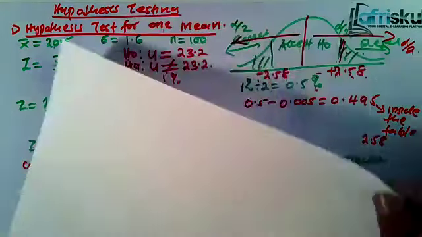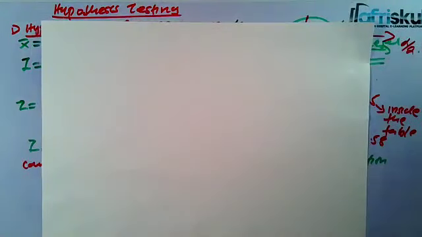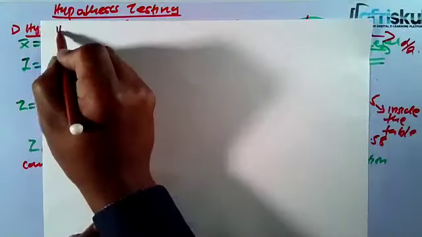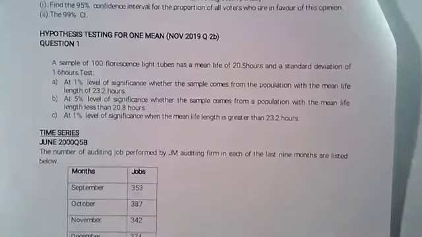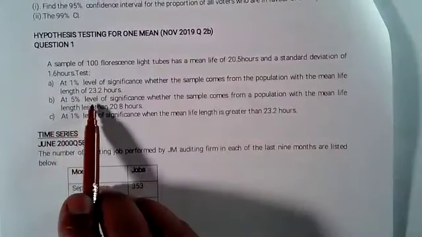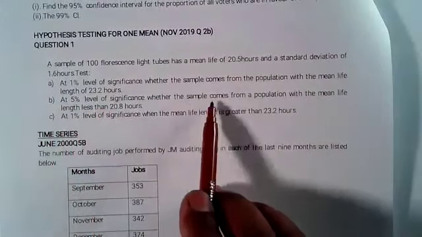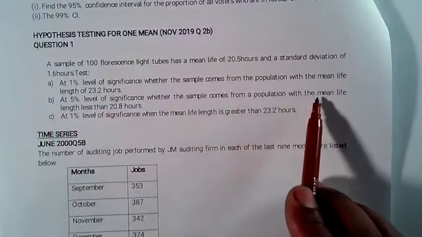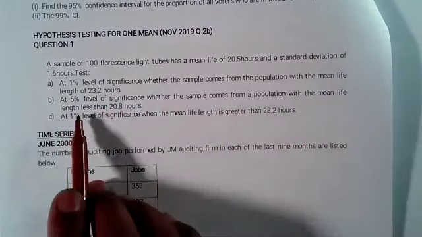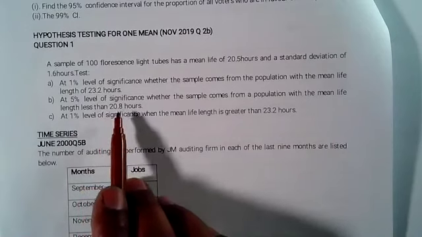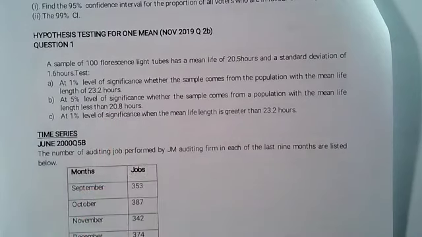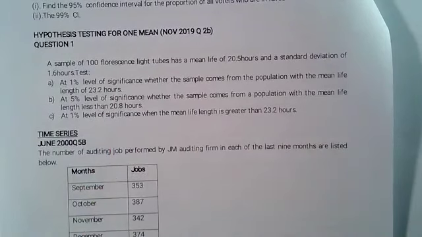I want us to go to part B of the question. Part 2 was asking, at 5% level of significance, whether the sample comes from the population with a mean life length of less than 20.8. You see? Less than. So if you're given less than or greater than, that's when you use a one-tail test. Like the first one, when the alternate hypothesis is not equal to, we use a two-tail test. If less than or greater than, that's when you use a one-tail test.